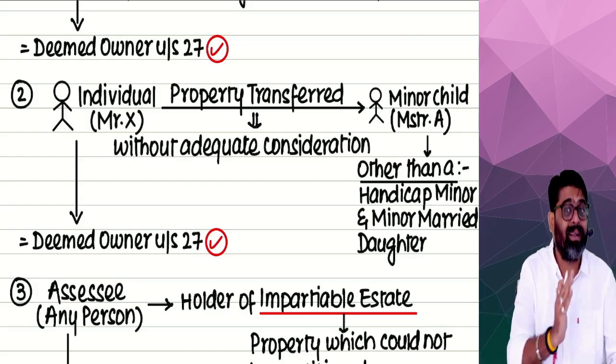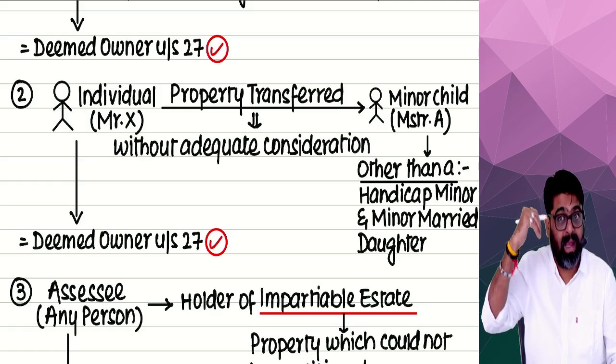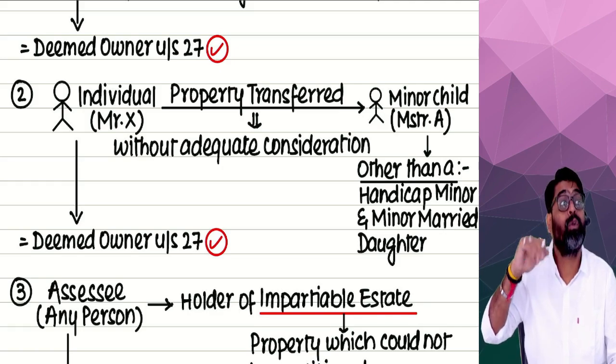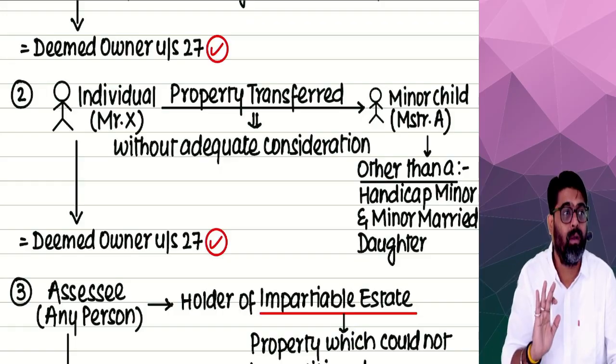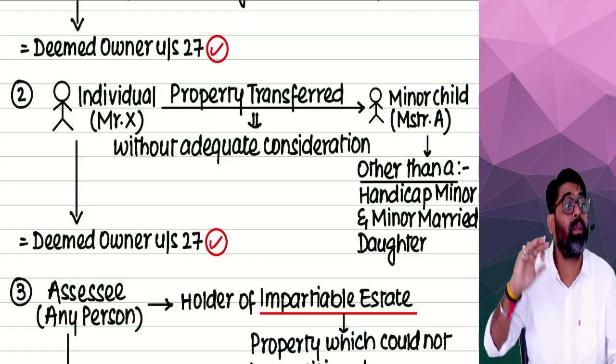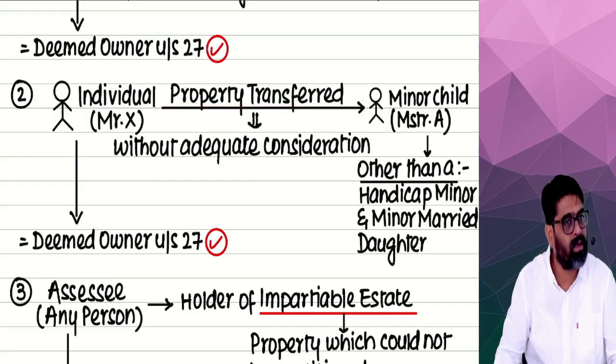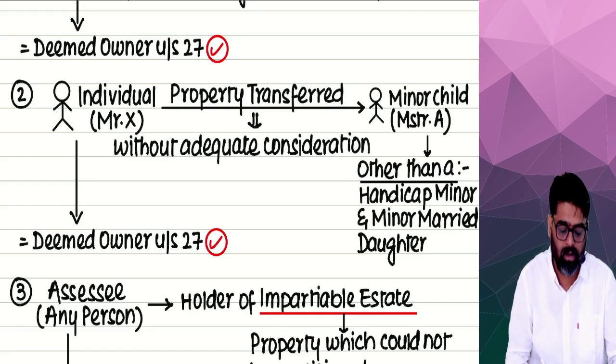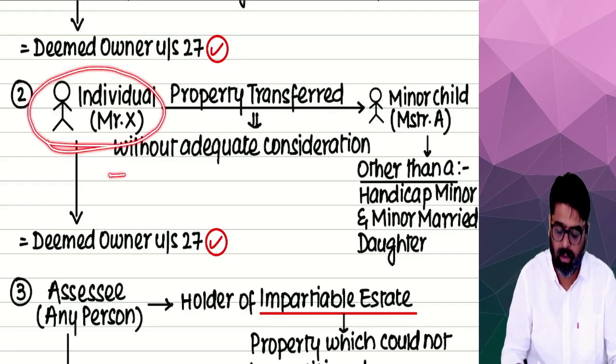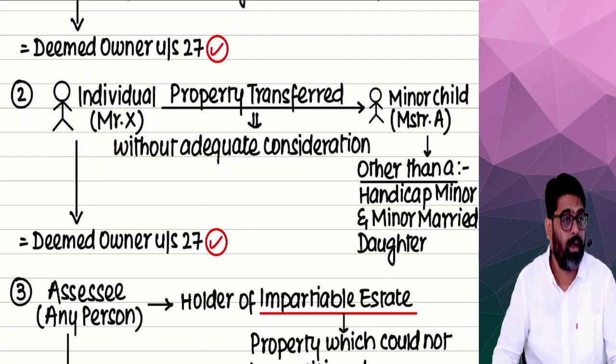To shift that tax from my head and not pay that tax at all, or pay a very low tax, I would have transferred that property on the name of my minor child also. So what they are saying is, sir, since you have transferred your property without adequate consideration to your minor, now who is the legal owner?